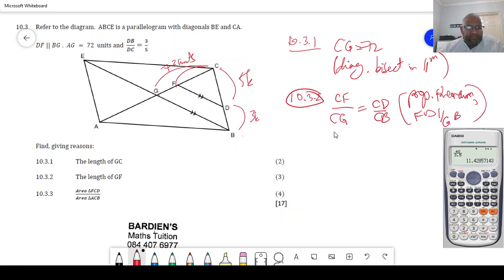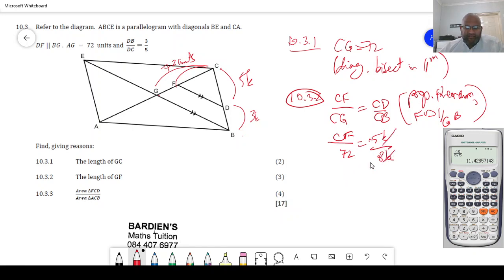So CF, which I'm calculating, over 72 units equals CD, which is 5K, over the length of CB, which is 5 plus 3, which is 8K.